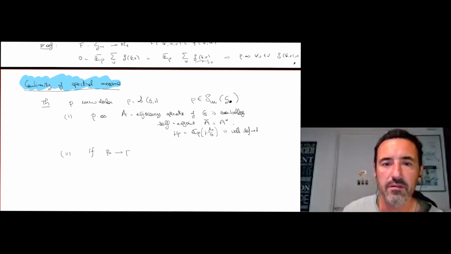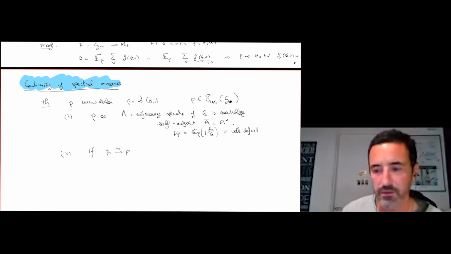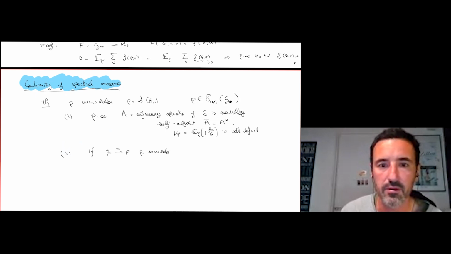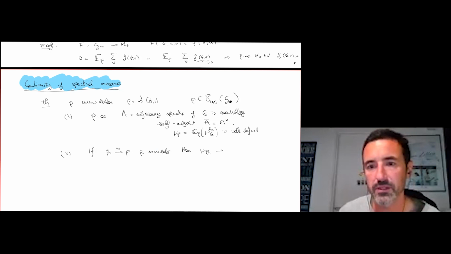If rho n is a sequence of measures, which are all unimodular, and they converge to rho for the local weak topology, then the spectral measure of rho n converges weakly to mu of rho.